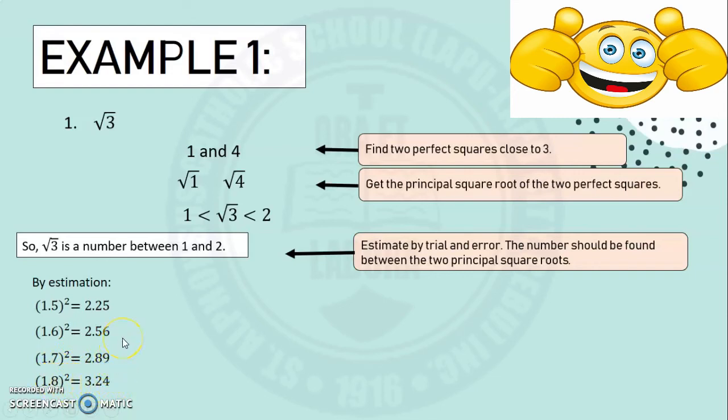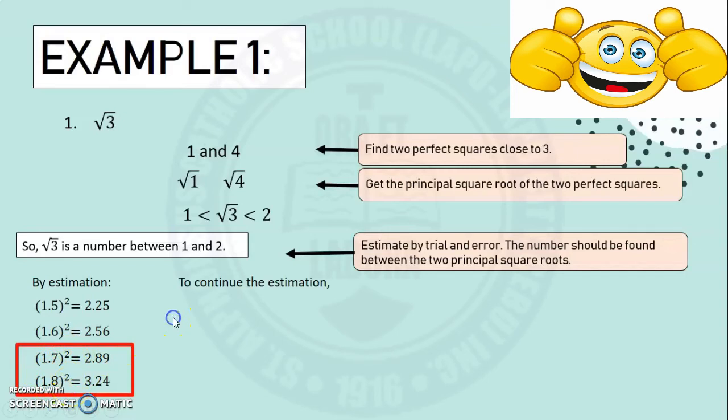Now, let's choose the numbers where 3 can be found. Okay, 3 can be found between this 2.89 and 3.24. So that means we will choose 1.7 squared and 1.8 squared.